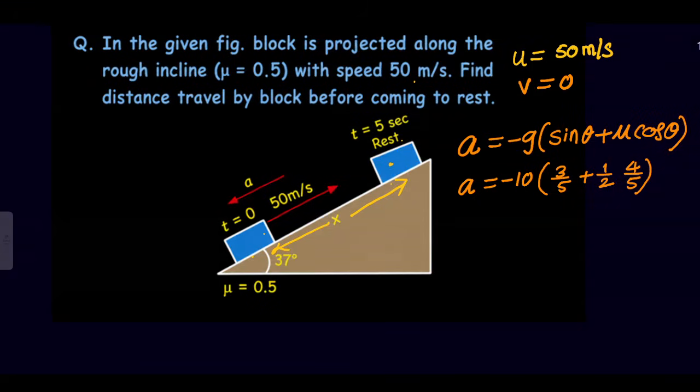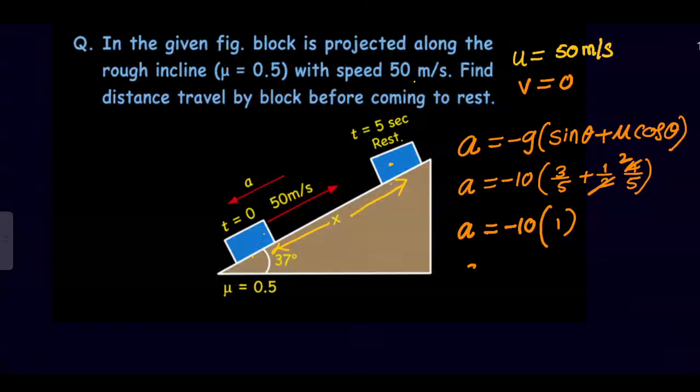So what is the acceleration of the body here? This is minus 10 into, the 2s get cancelled, 5, so that is 1, minus 10. So this is the acceleration, right?